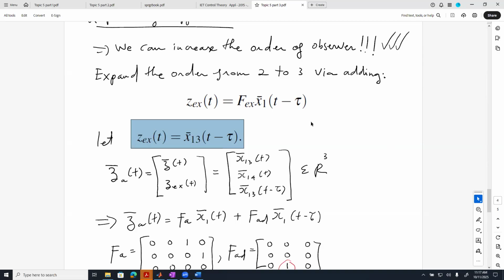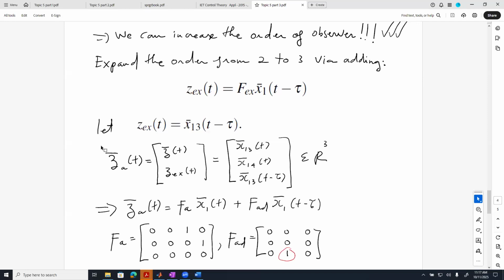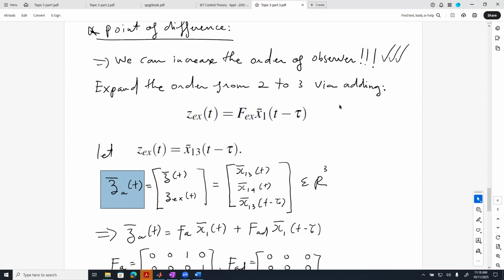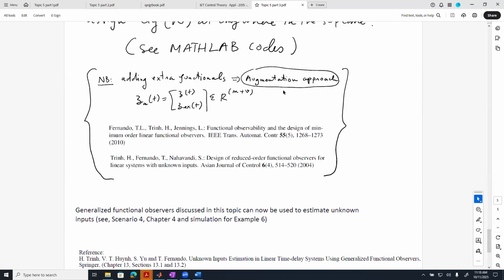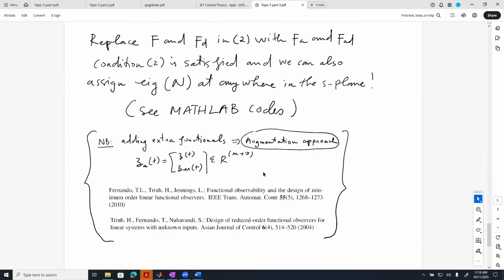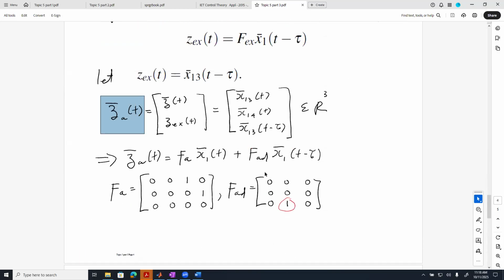So then what we are saying here is, look, we're going to get an augmented functional. This is now a generalized functional. We call it an augmented vector or augmented functional. And this idea actually came from the augmentation approach we did a while ago. Okay, so in the augmentation approach, we add in an extra functional.